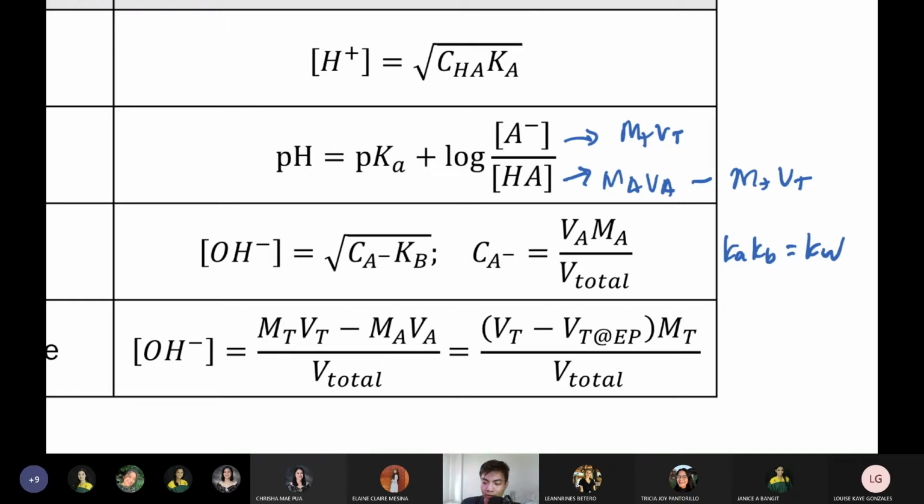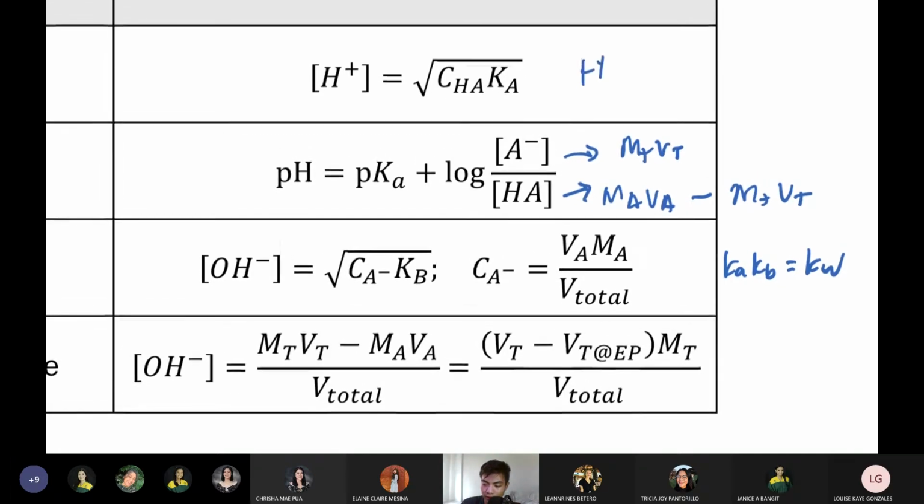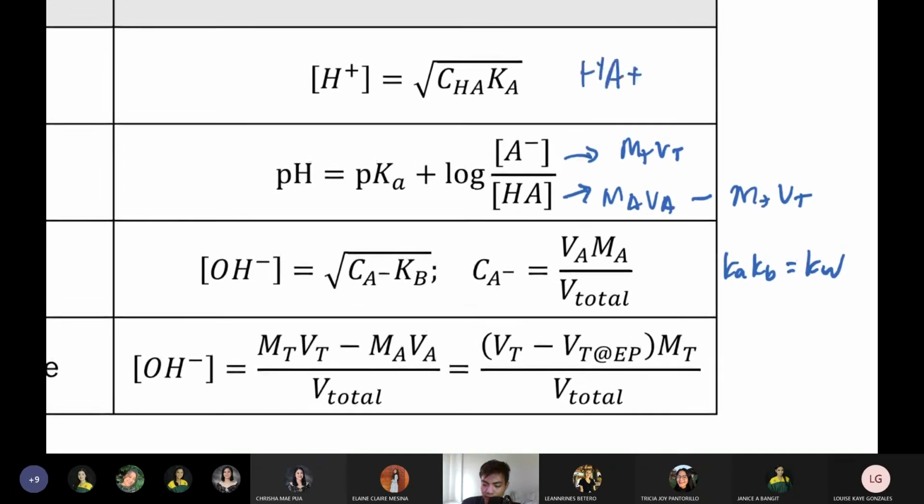Remember the equation kanina, HA plus NaOH, lahat 'yan magiging conjugate base. So lahat ng analyte mo naging conjugate base na. Kaya ganito yung equation natin. Okay, MAVA yan or VAMA. So mole of the analyte divided by the total volume.